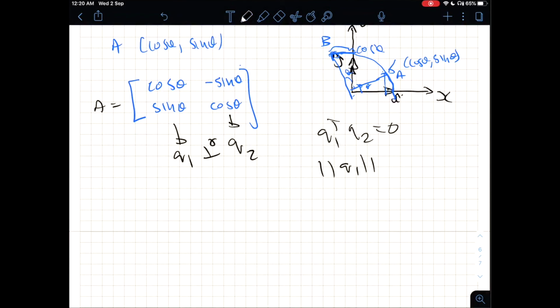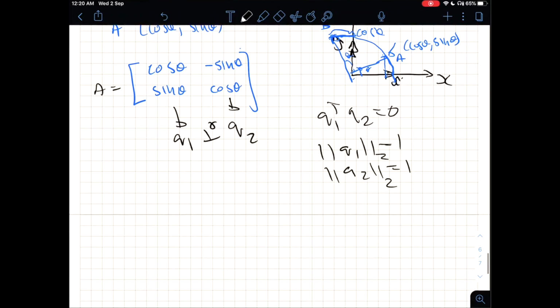Further, the length of Q1 is 1 and the length of Q2 is also 1. So in this 2 cross 2 matrix I have two columns Q1 and Q2 orthogonal to each other and of unit length.